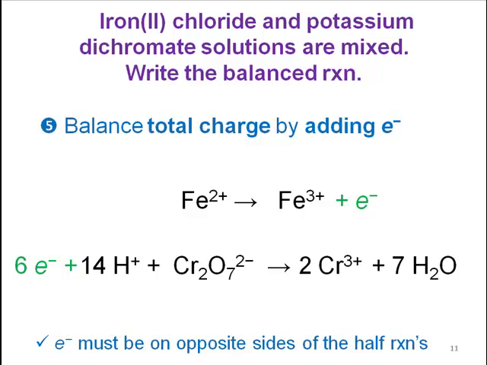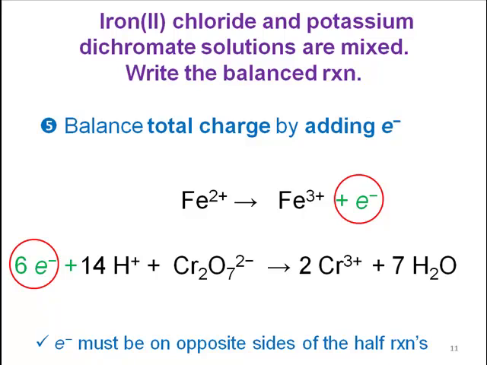So shouldn't it be reduction? Oh, I'm sorry, right side. Yep, you're right. Pardon me. All right, so oxidation is on the right side. Very good. It's on the product side. And then the electrons are on the reactant side for reduction. Again, they have to be on opposite sides. So if they're not on opposite sides, then you'll want to go back to step number 1 or 2 or 3 or so on. So we're on step number 5.